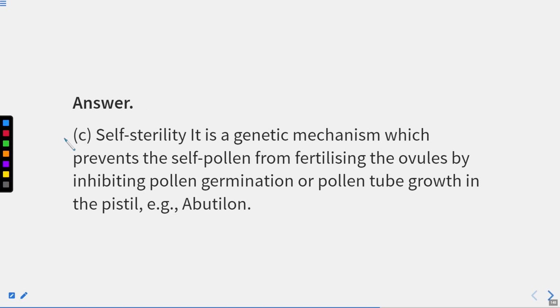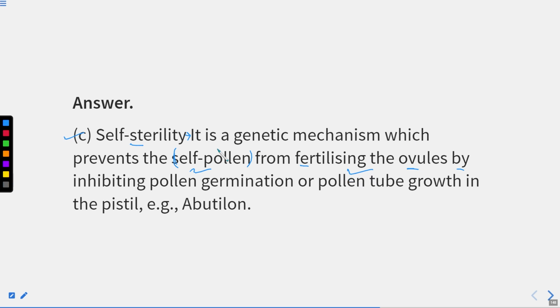Now the third strategy is self-sterility. What is self-sterility? It is a genetic mechanism which prevents the self-pollen from fertilizing the ovules. How is the fertilization of ovules prevented? By inhibiting pollen germination or by inhibition of pollen tube growth.